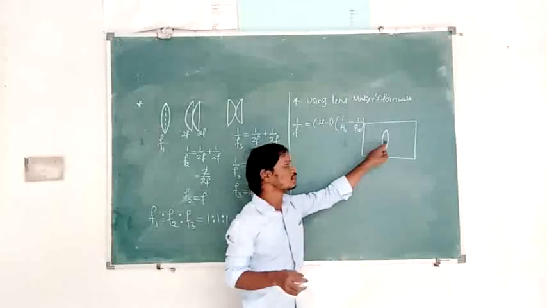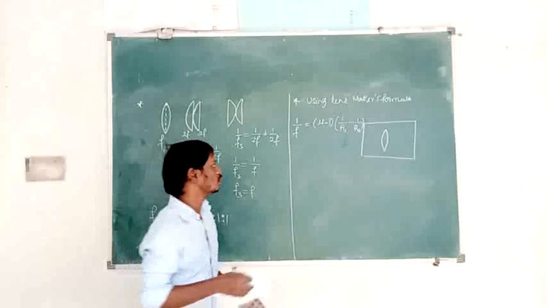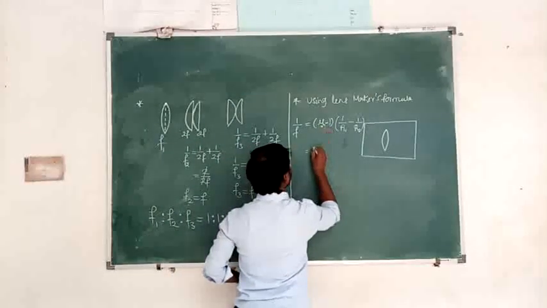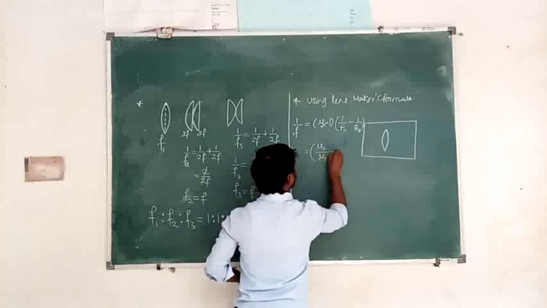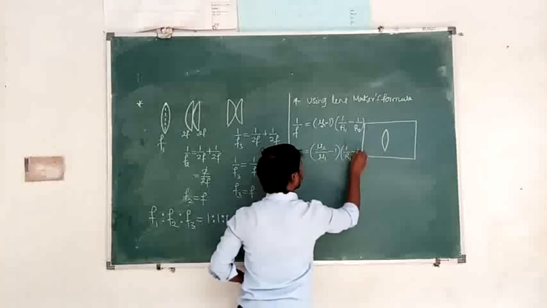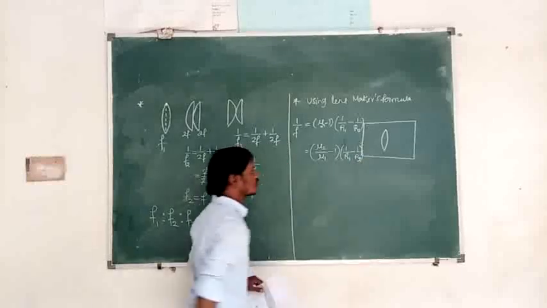From glass medium to air medium, means denser medium to rarer medium. So we can write this as mu 2 by mu 1 minus 1, into 1 by R1 minus 1 by R2.